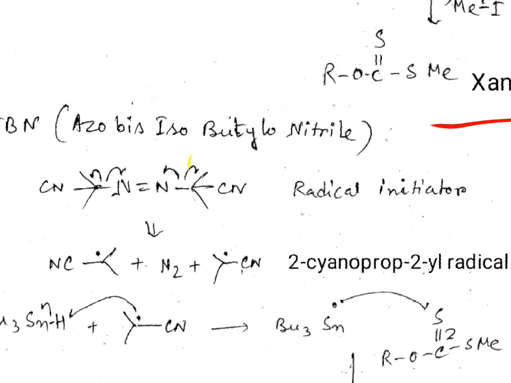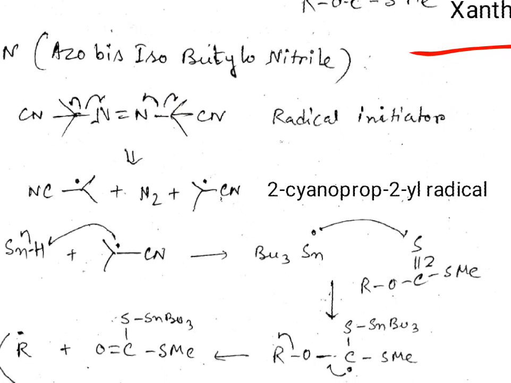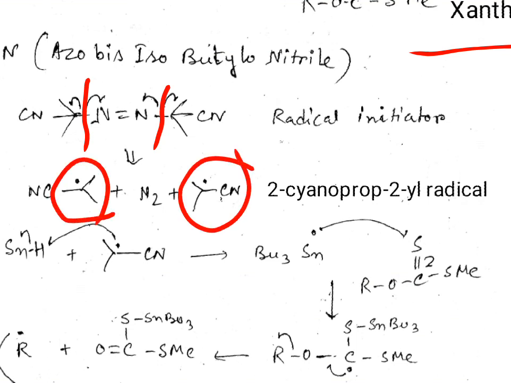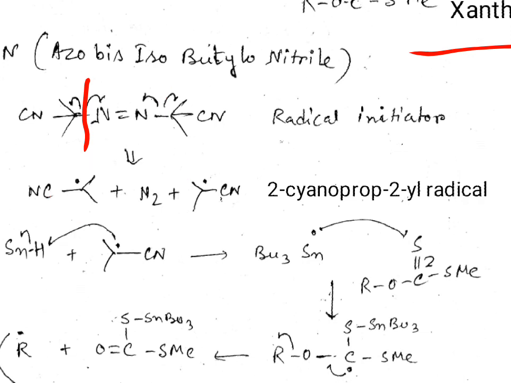This bond and this bond go through a homolytic cleavage. That means these two bonds go through a homolytic cleavage, thus a radical is formed. This is the 2-cyanoprop-2-yl radical. And this will form nitrogen.